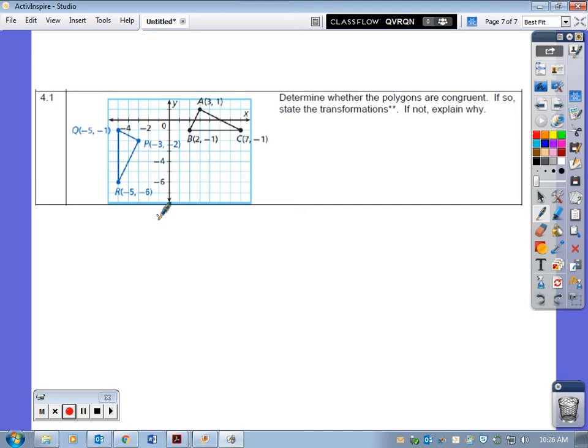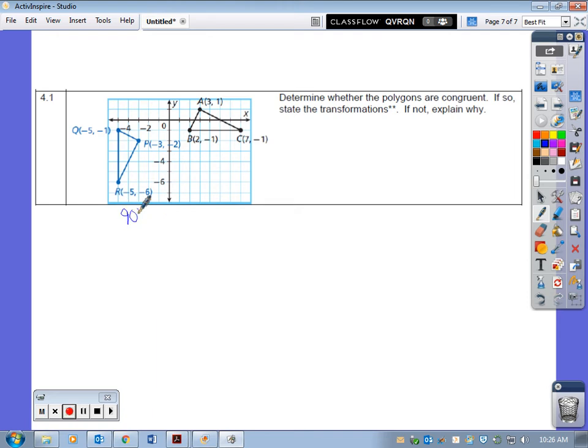So if you're looking at your paper, go ahead and turn it so that your triangle PQR looks like what your triangle ABC did. Okay, so how did you have to turn that paper? Well, we had to rotate it 90 degrees counterclockwise, and remember, we were going backwards, so now we have to restate it.